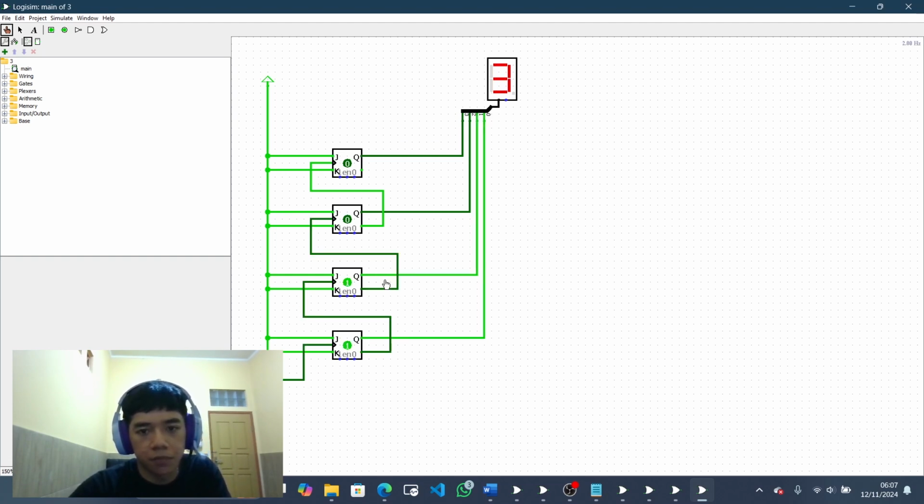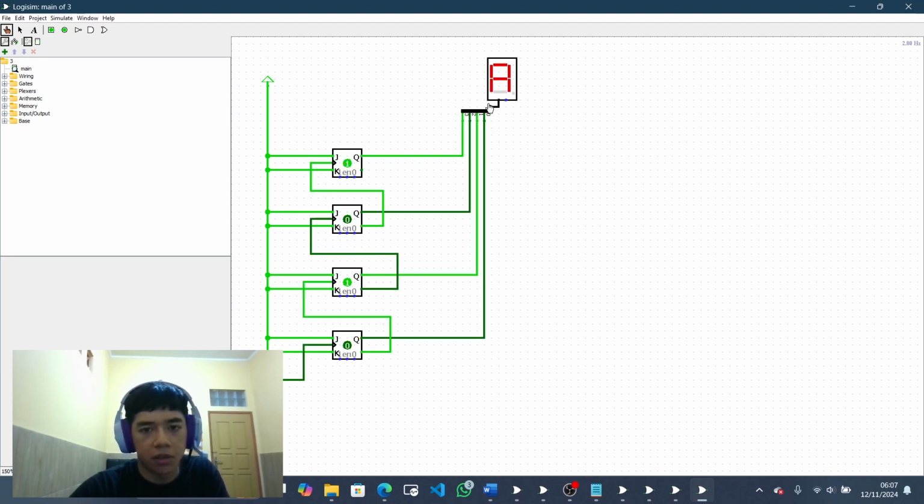Let's run it here. And as you can see, in the 7 segment, it starts counting up into the hexadecimal values. Because we're using 4 flip-flops here, it can store data up to 4 bits.